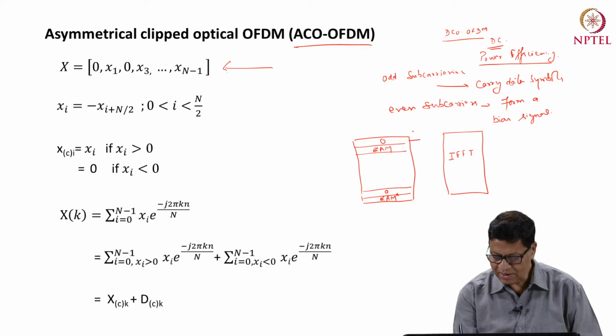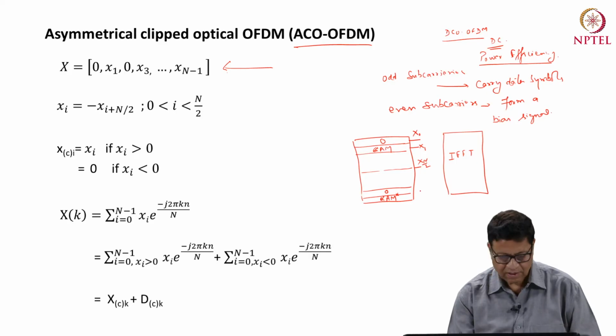So this will be x0, and this will be x1, and in the middle you have xN/2, and this will be x1 conjugate, and below this will be xN/2 minus 1 conjugate, and they form the input to the IFFT.